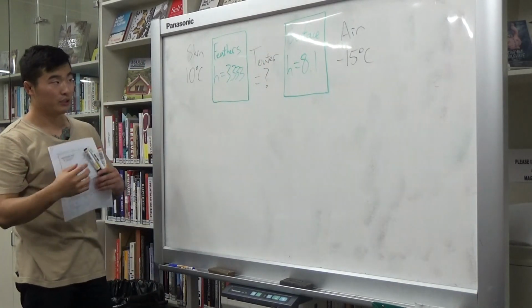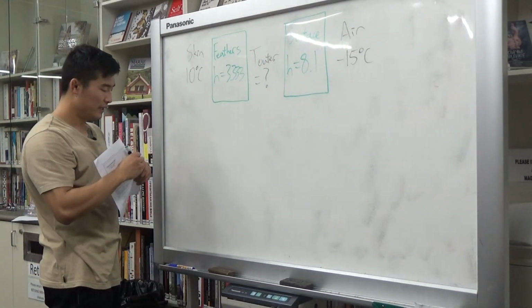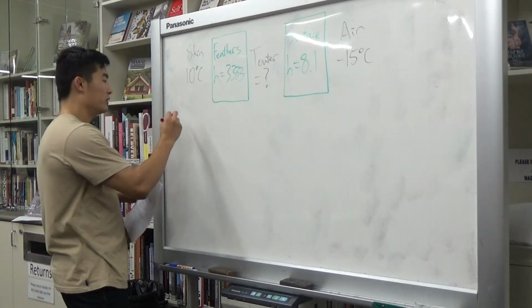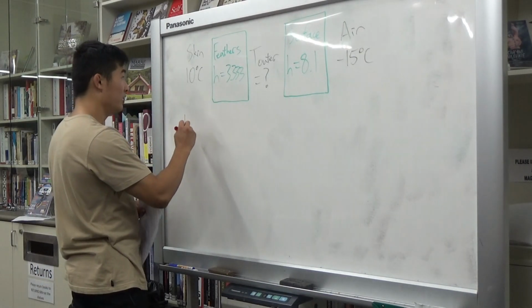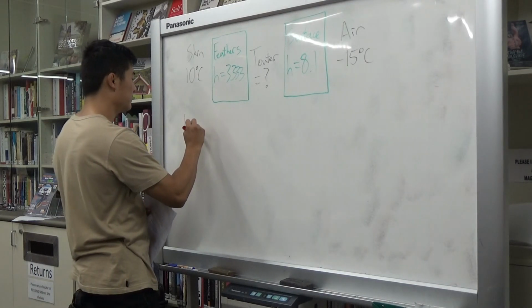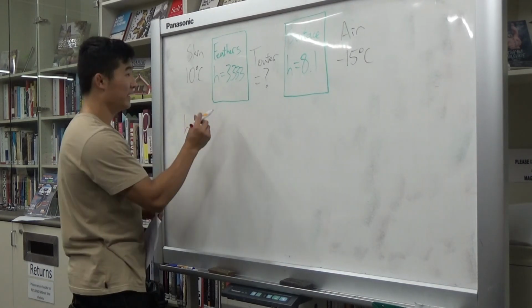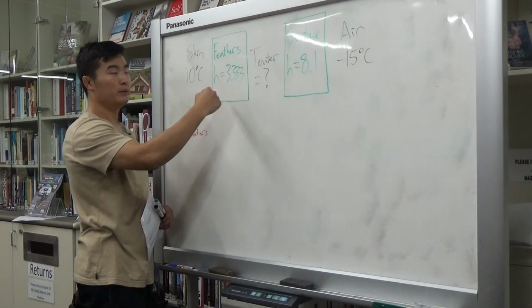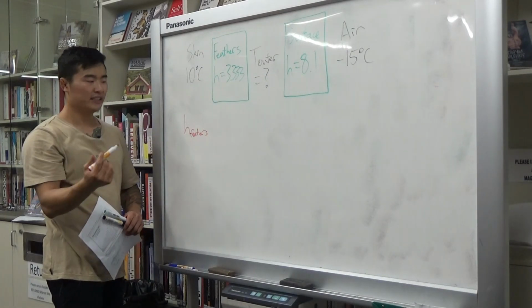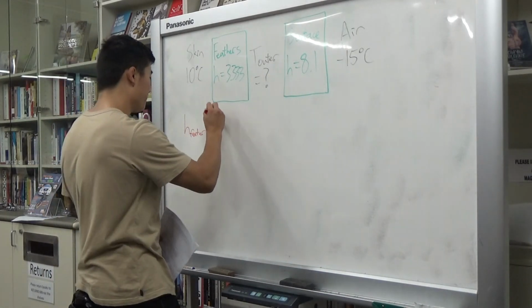So we're going to use the same equation as before. So h of feathers, and again the surface area is going to be the same. So those will cancel out, and I won't bother writing it this time.